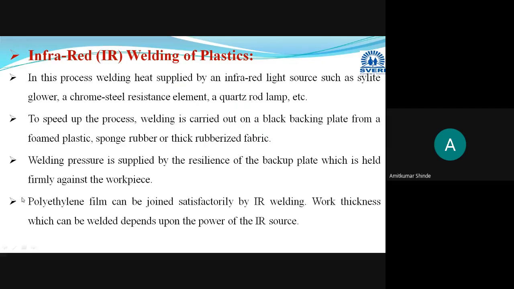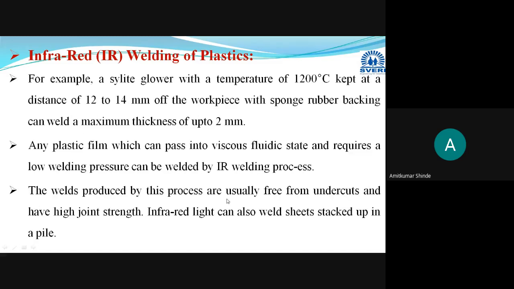For example, one practical example of infrared welding of plastics is polyethylene films. Polyethylene films can be joined with this IR welding. One practical example taken here: a silite glower with temperature 1200 degrees Celsius.